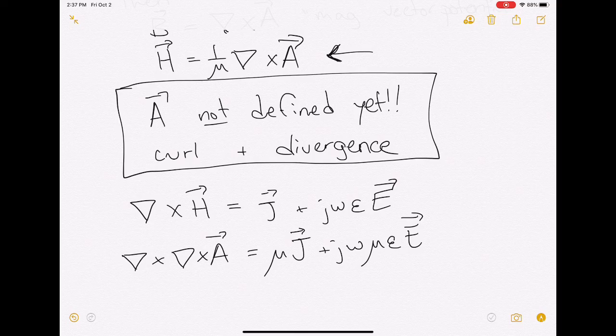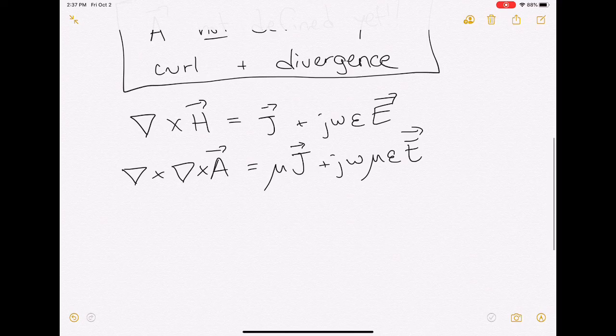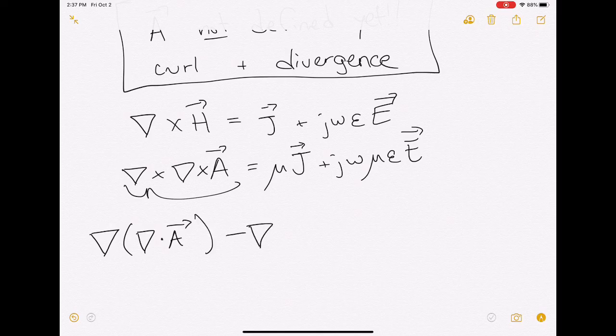Okay, cool. We're going to make use of a vector identity now to turn curl curl A into the gradient of the divergence of A minus the Laplacian of A. And we keep the right-hand side the same.